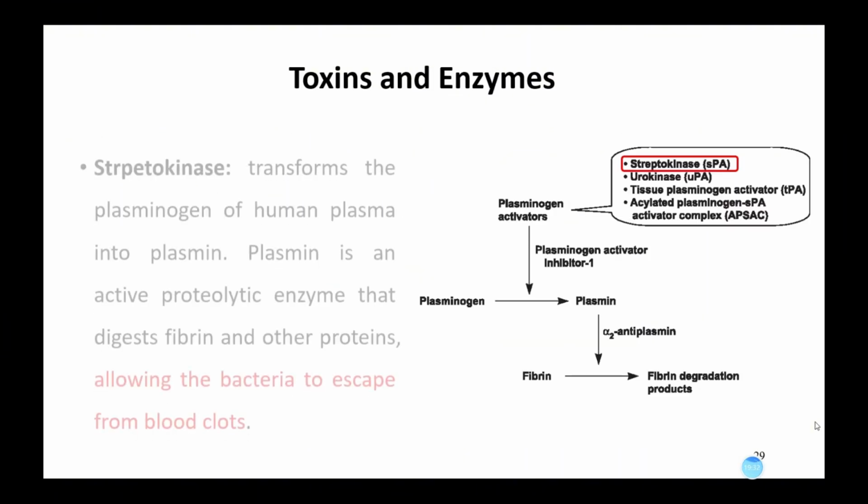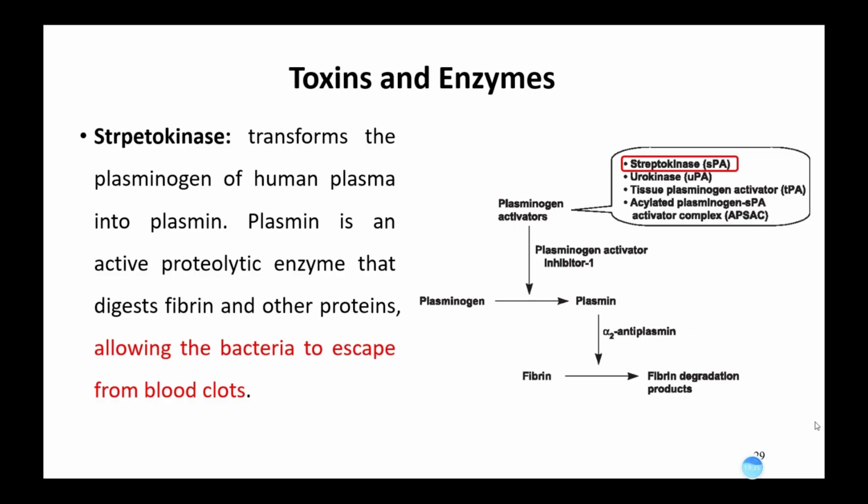It can also produce several important enzymes. The first enzyme is called streptokinase. If you heard the name of kinase, what's the meaning of kinase? Kinase means that it can activate other molecules, right?